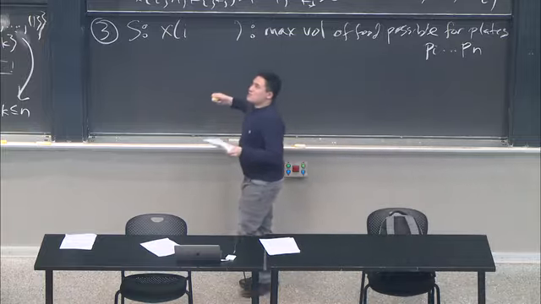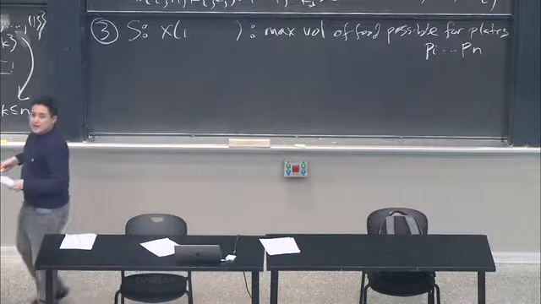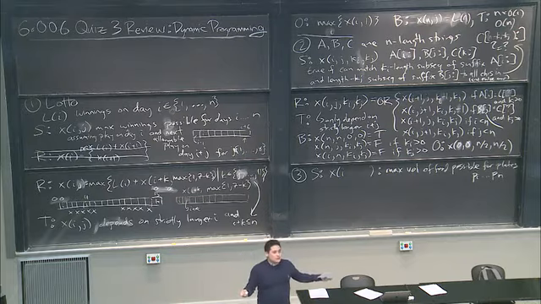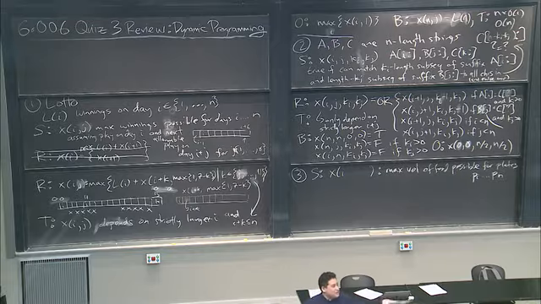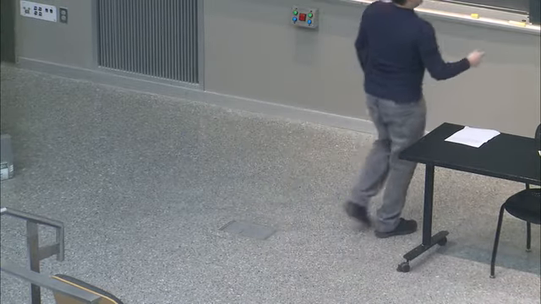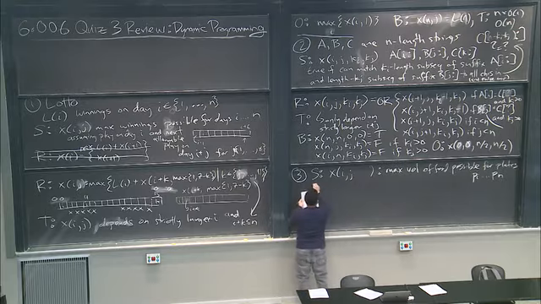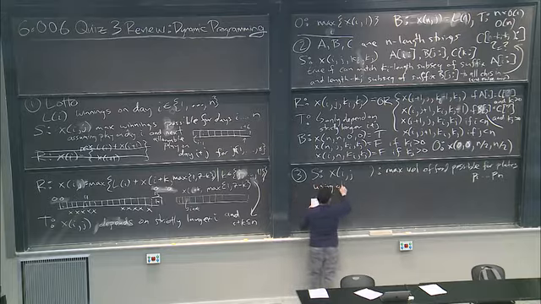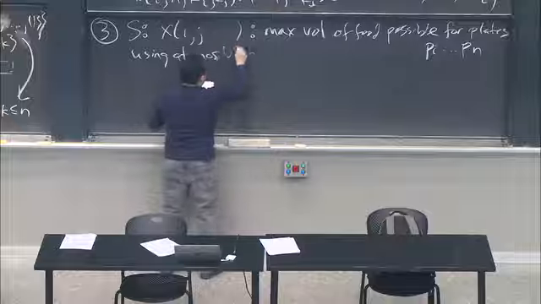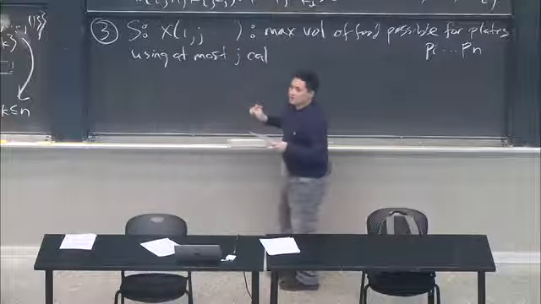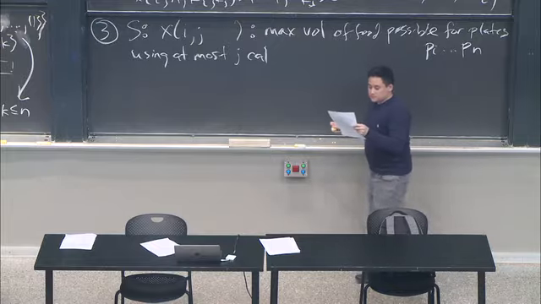But do I need to remember information along the way? Yeah, just like with subset sum or knapsack, I have this calorie limit, right? So it's going to be really useful for me to know how many calories I've already eaten or how many calories I have left in my budget, right? So let's say j, using at most j calories from the remaining dishes.